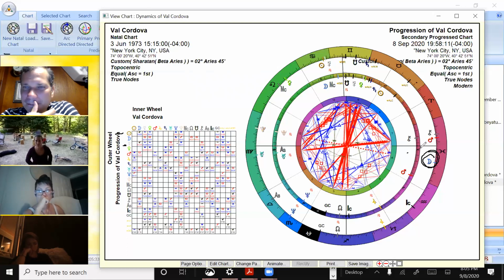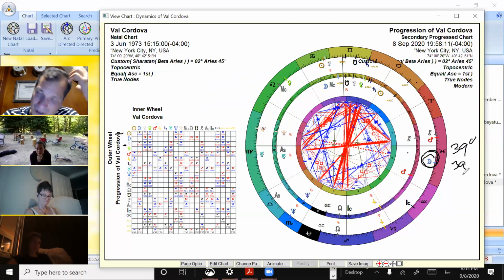And I was told that it stays in a particular place for maybe 2.5 years. Yeah, because it's a day to year formula. So for example, Pisces is 39 degrees for us, so this is 39 years. Well, no. The moon moves fast.